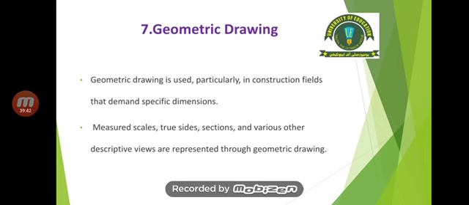As it is obvious from its name, geometric, it involves shapes with sharp edges. You will hardly get any curved lines or curvilinear lines in this drawing. Most of the drawing will be done with the help of sharp, straight, and horizontal lines.